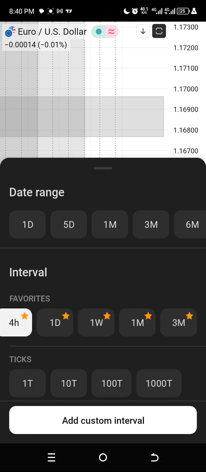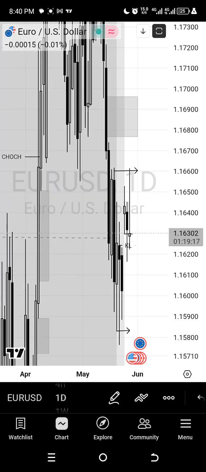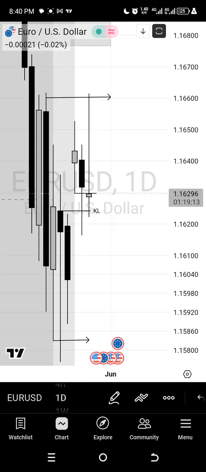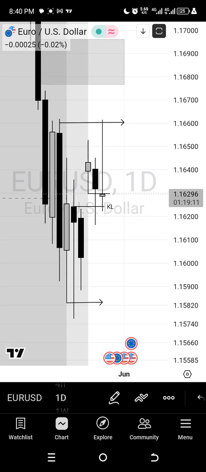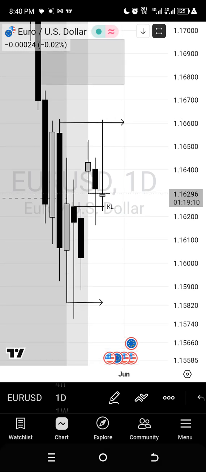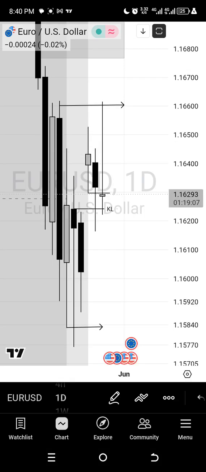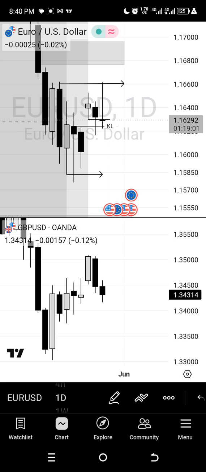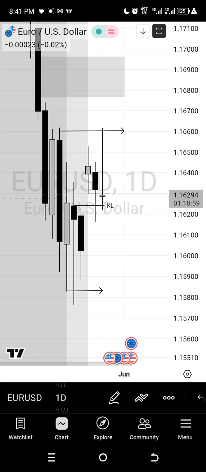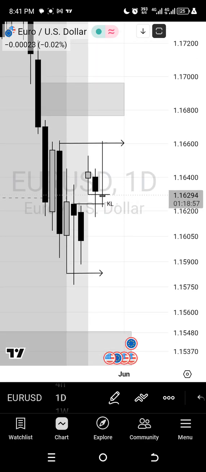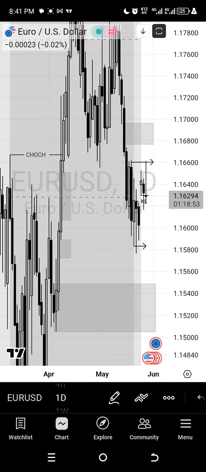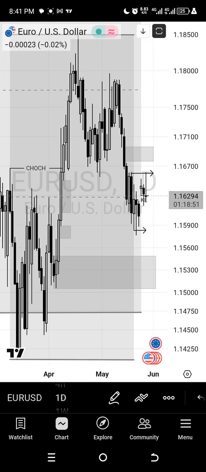Now, based on tomorrow's trade, my advice to you guys is to be cautious, avoid any sells, and focus more on the buy side, because the market is long-term bullish. We went above, we were in a bullish dealing range, and price is testing the daily fair value gap.